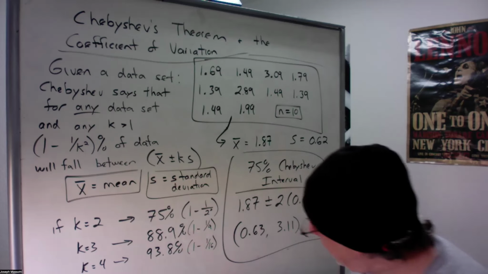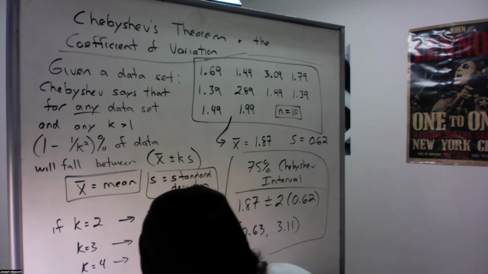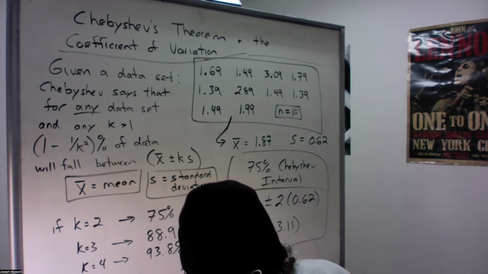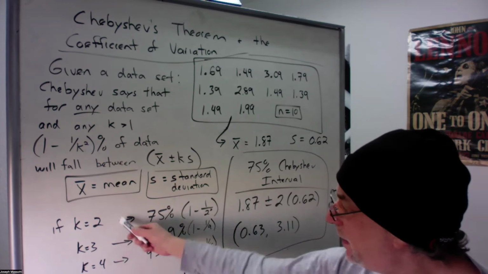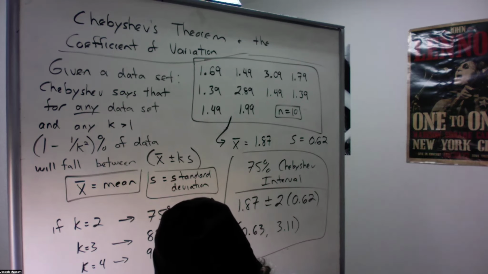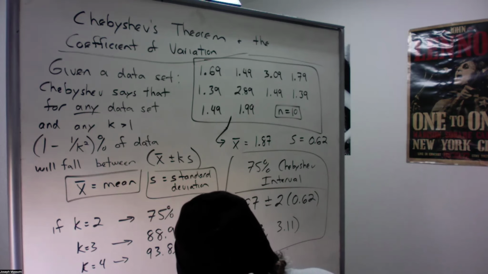If we wanted an 88.9% interval, the only difference is going to be 3 instead of 2. So now we would get 1.87 plus and minus 3 standard deviations.